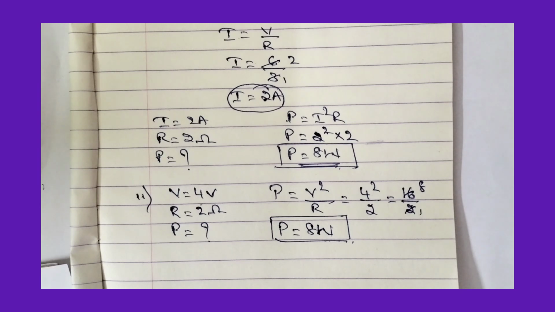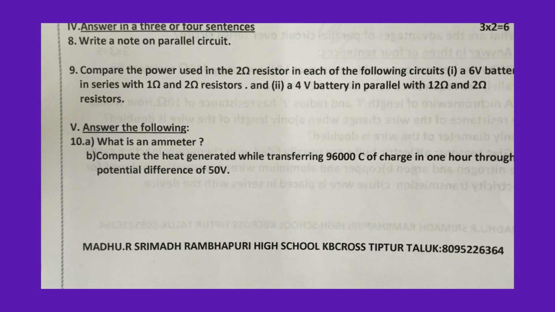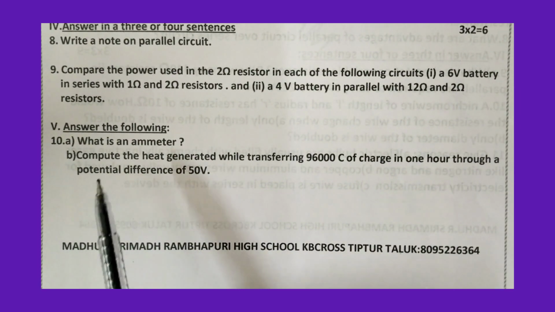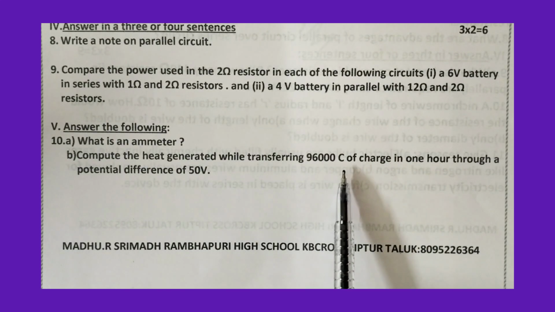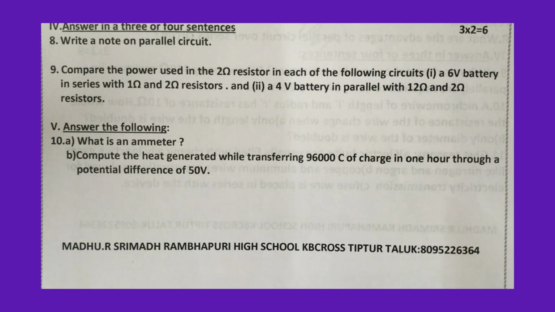So now let us move to the last question of this paper. The last question is: what is an ammeter? That is the first question. The second one: compute the heat generated while transferring 96,000 coulomb of charge in 1 hour through a potential difference of 50 volts. So let us calculate what is the heat generated. First, let us answer what is an ammeter.